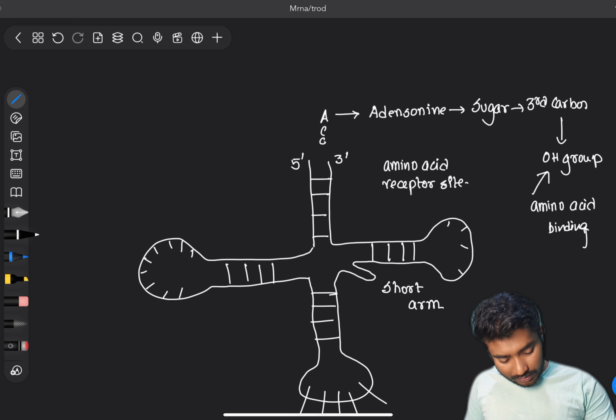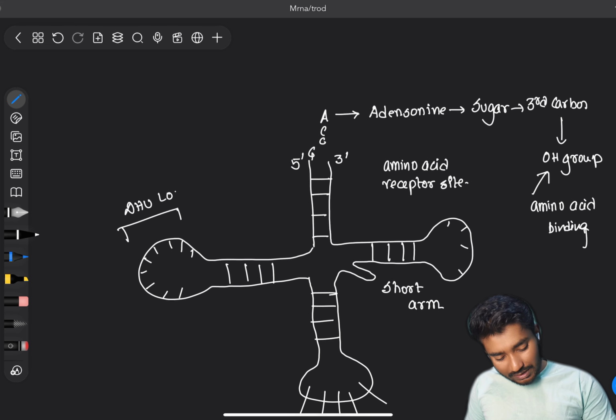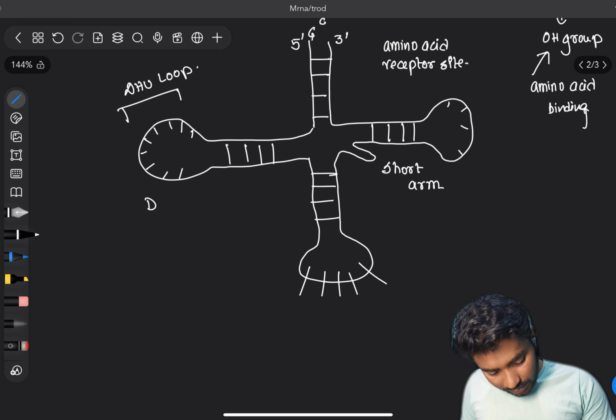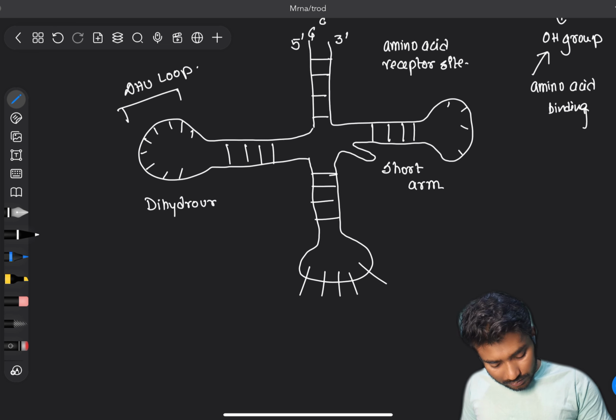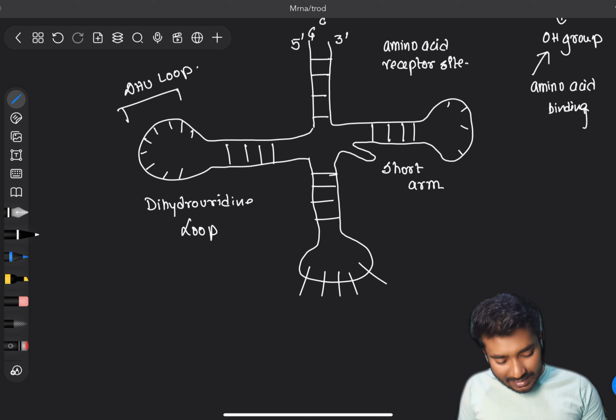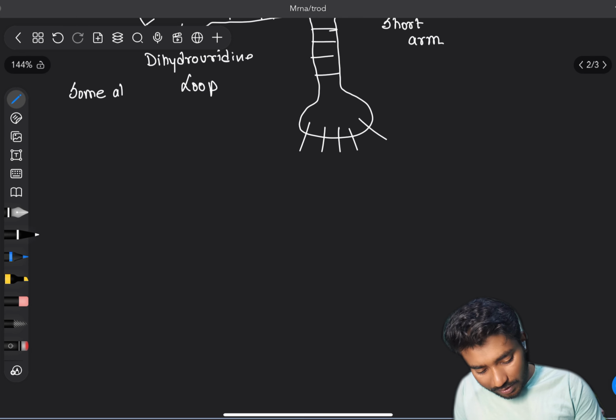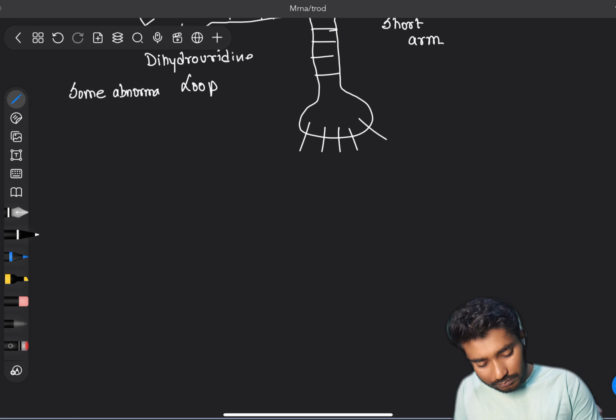Here on this 5' end, guanine is there, and this is called the DHU loop, also called the dihydrouridine loop. Some abnormal bases can be present here.